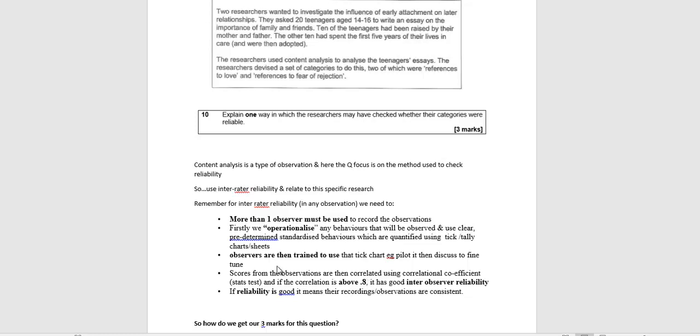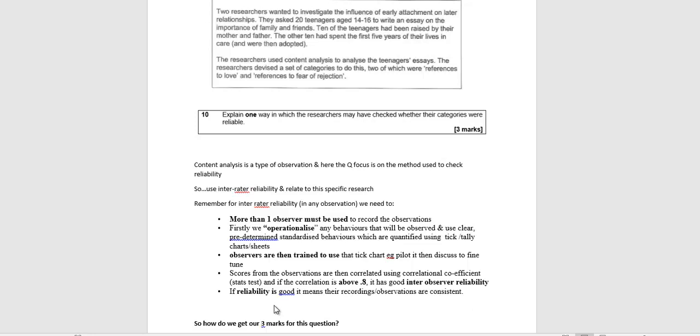We would train our observers so that we are standardizing our procedures and what we're classifying as particular behaviors, so maybe pilot it. Then we would need to correlate the scores from those different researchers. We use a correlation coefficient stats test, and the correlation should be 0.8 and above for us to consider it having good inter-observer reliability.